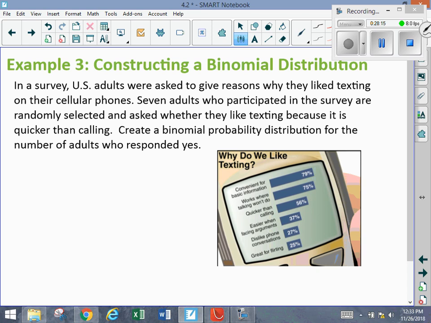It turns out that it's in the picture. 56% said that it was quicker than calling. I think that's supposed to look like a phone screen from 2005. And we will pick this up when we come back.